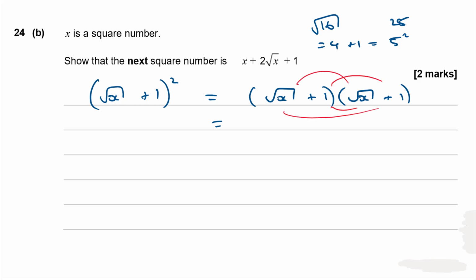So root x times root x, well, that's just going to give you x. And then I've got root x times 1, which is root x. 1 times root x, which is root x. And 1 times 1, which is 1. And then just collecting those two root x's in the middle, I'm going to get x plus 2 root x plus 1 as required.